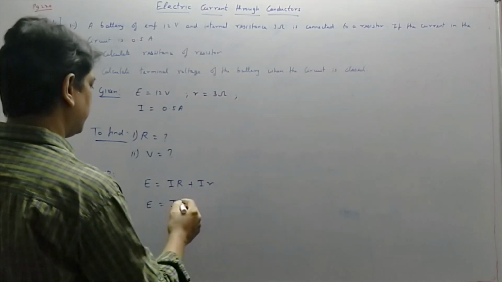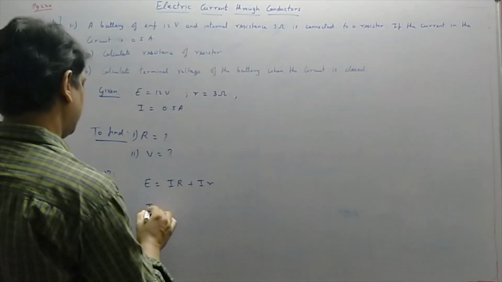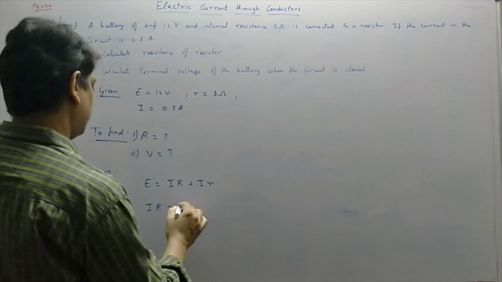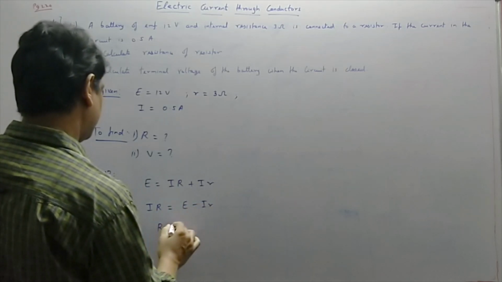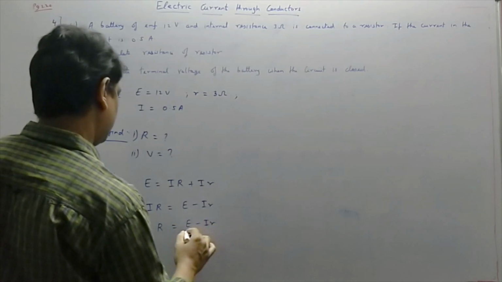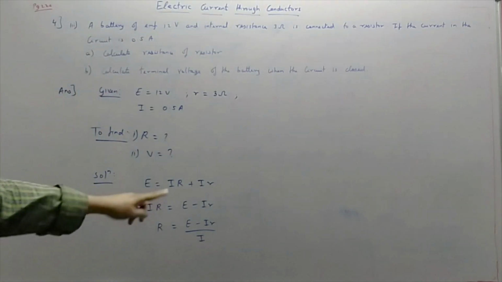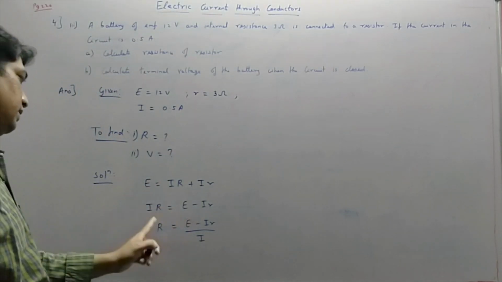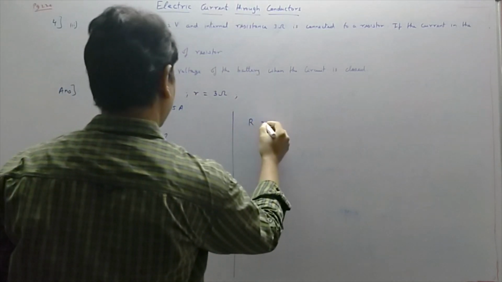So here what we can do is write IR is E minus Ir, and moreover the resistance is R is E minus Ir upon I. Then we find out what E is.